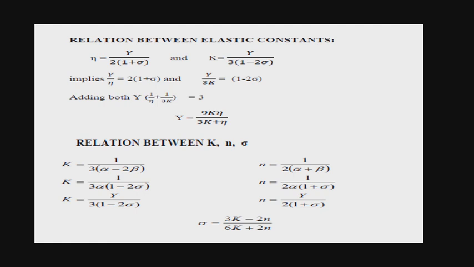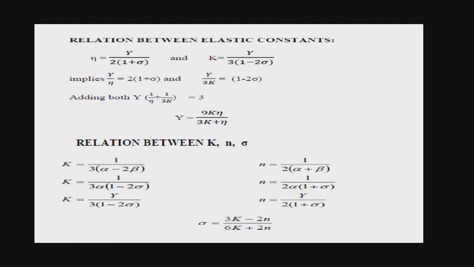Next, these two derivations are for 2 or 3 marks. Relation between K, eta and sigma. K is equal to 1 by 3 into alpha minus 2 beta, and eta is equal to, taking the formula from the derivation, 1 divided by 2 into alpha plus beta. Take alpha outside, K is equal to 1 divided by 3 into alpha, that is alpha by alpha is 1, minus 2 into beta divided by alpha is sigma.